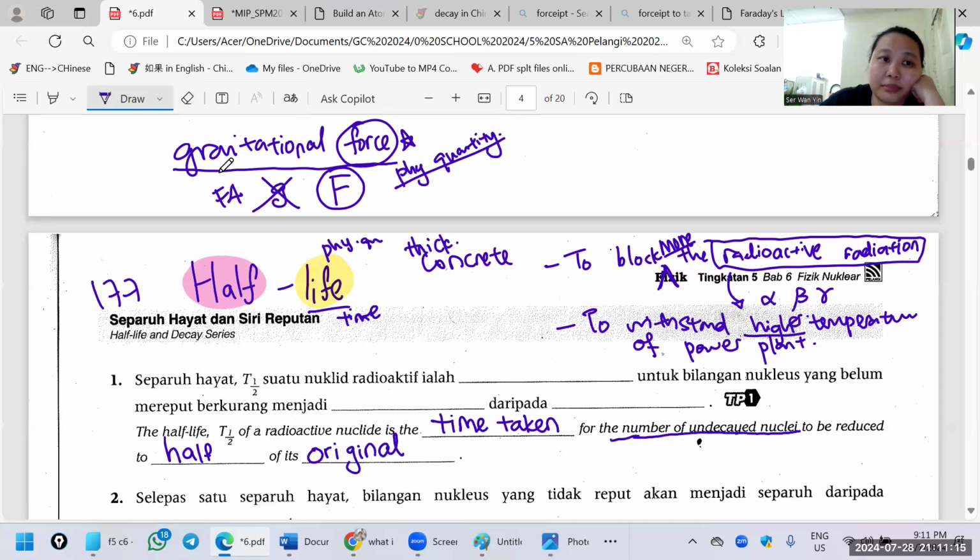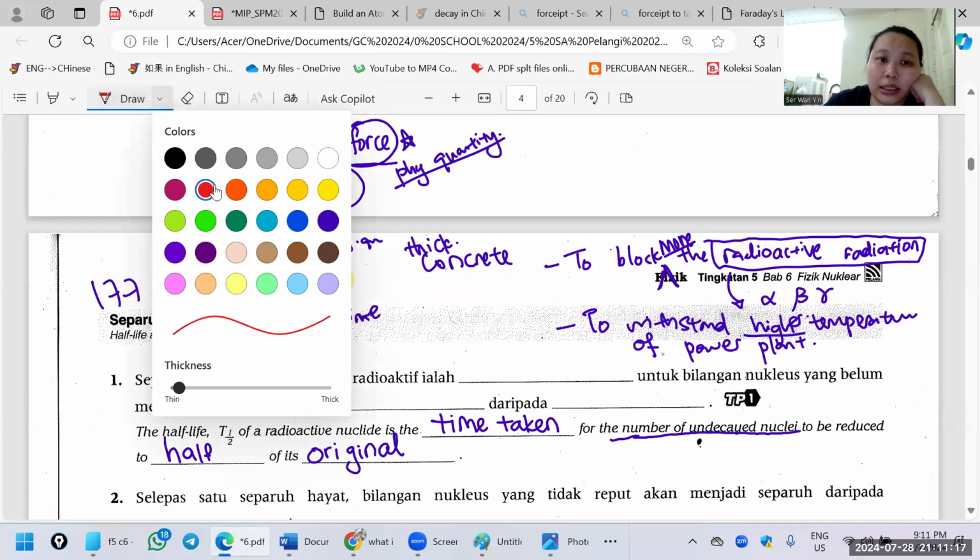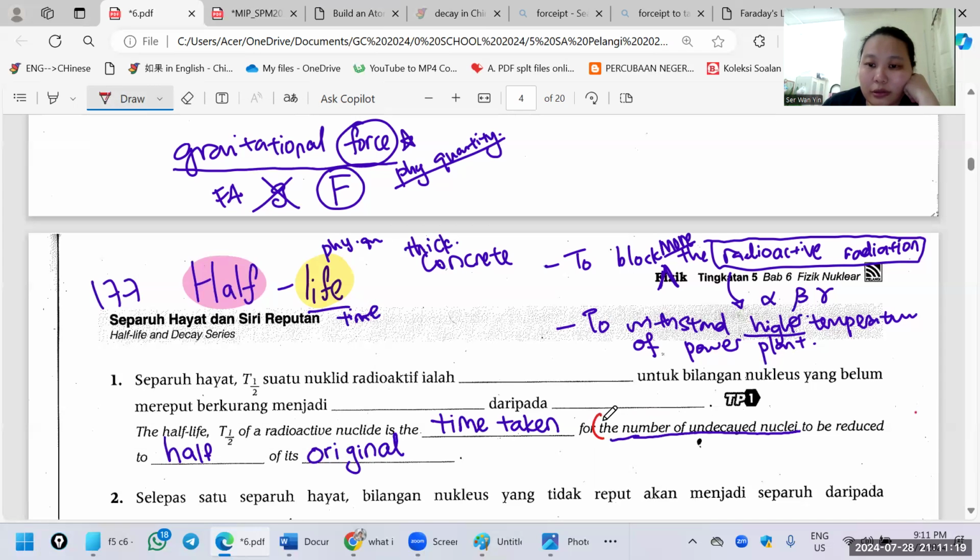Sometimes we also say the mass of undecayed nuclei. Also can say for the radioactivity.